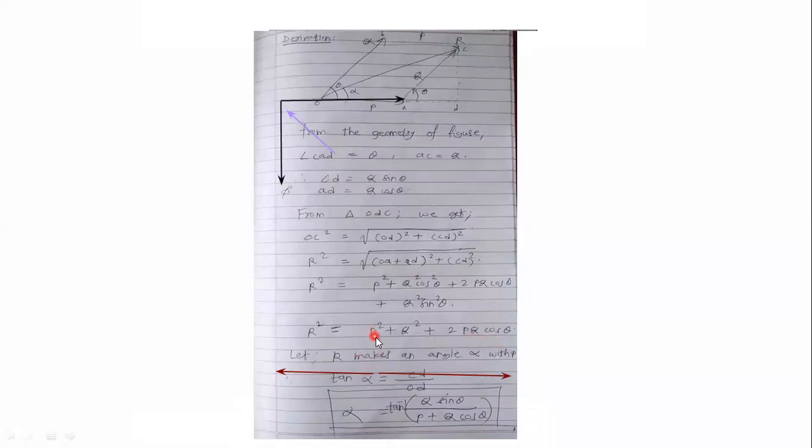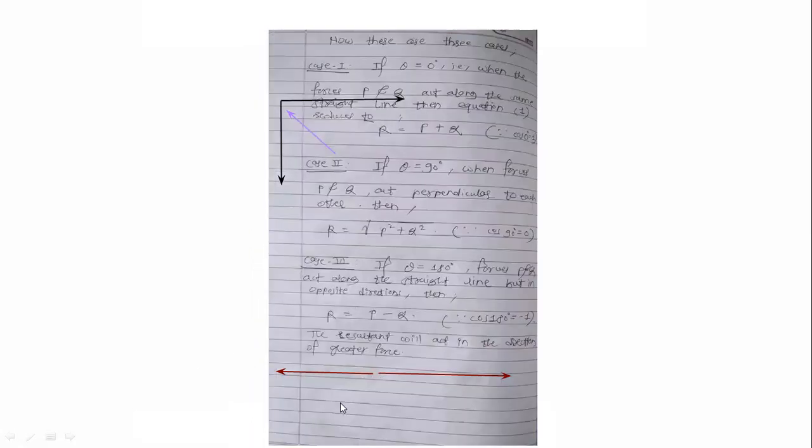Therefore P square plus Q square minus 2PQ, and this is the expansion of P minus Q whole bracket square. So R square is equal to P minus Q whole bracket square. Therefore, R is equal to P minus Q. So again, at case 3, we will get R is equal to P minus Q.